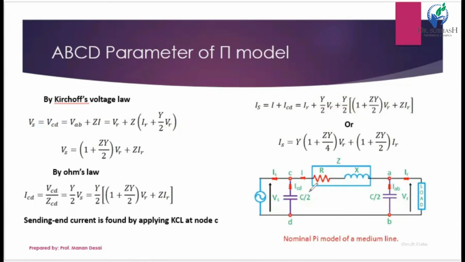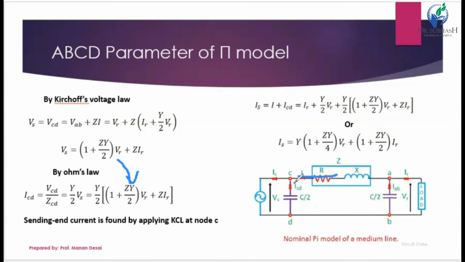By Ohm's law, ICD is equal to VCD upon ZCD. So it is Y by 2 VS. The sending end current is found by KCL at node C. So IS is equal to I plus ICD.